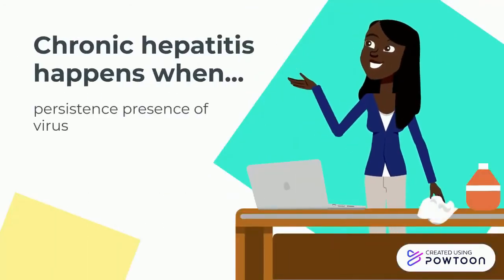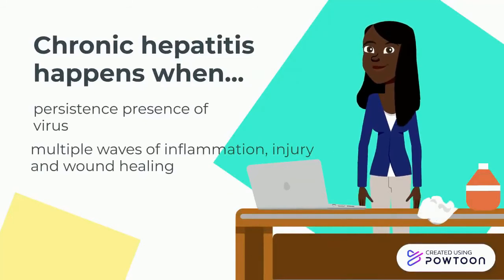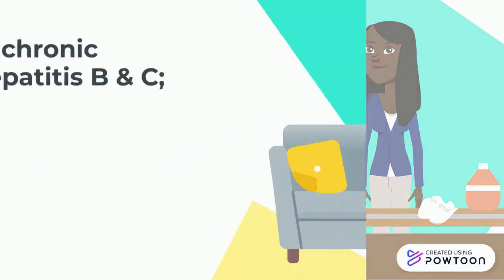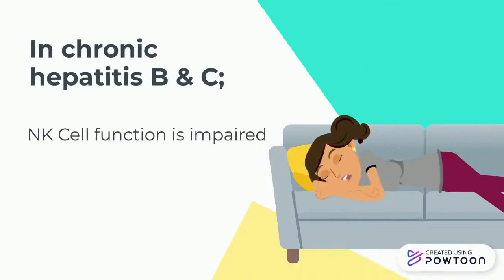Persistent presence of virus creates multiple waves of inflammation that over time results in fibrosis and then hepatocellular carcinoma. In chronic hepatitis B and C, the NK cell function is impaired.